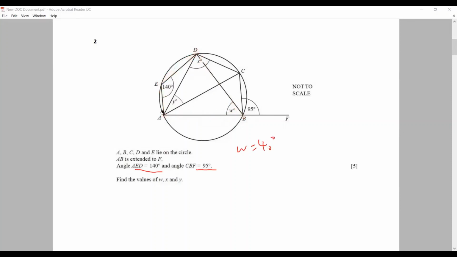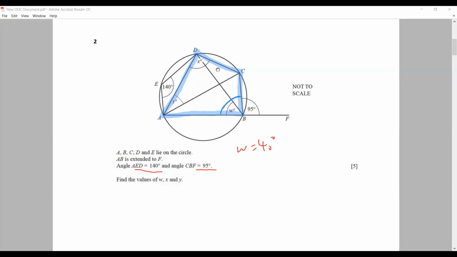And then what else? We have to find X, right? X plus this whole angle B should add up to 180. Again, same thing, cyclic quadrilateral, but this time I'm looking at this quadrilateral. So X plus its opposite angle should add up to 180. I have the value for W. This tiny angle, I can find it because this is a straight line.